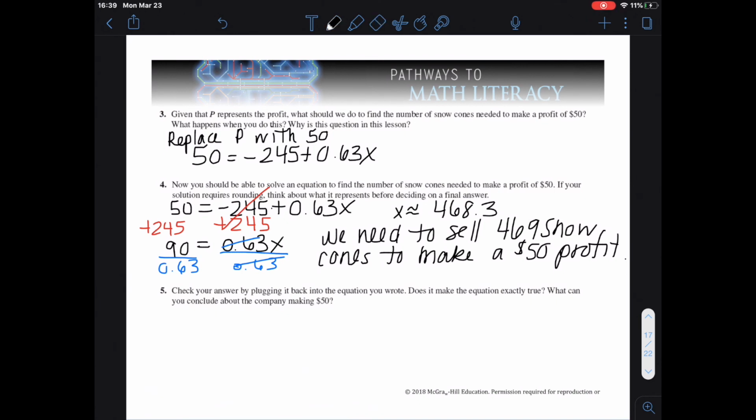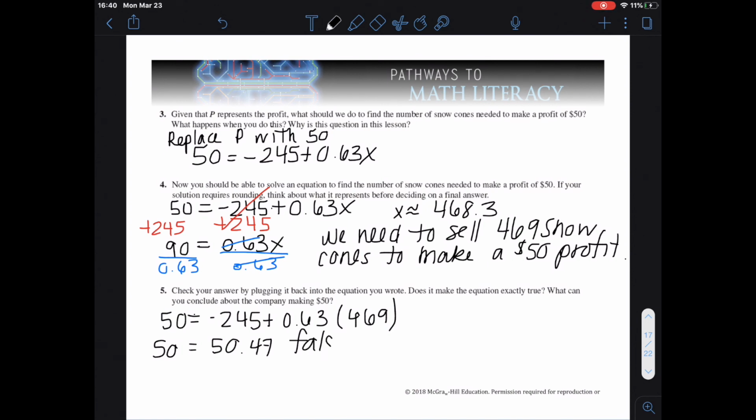So we get 50 is equal to negative 245 plus 0.63, and then the number of snow cones we need to sell is 469. So if you plug the right-hand side into your calculator, you're going to see it's 50.47. So we're saying 50 equals 50.47, which is technically false. So it doesn't check because we rounded.